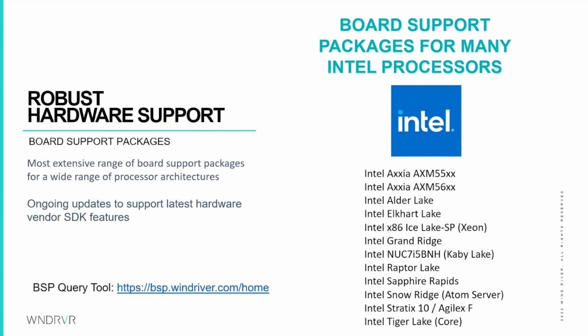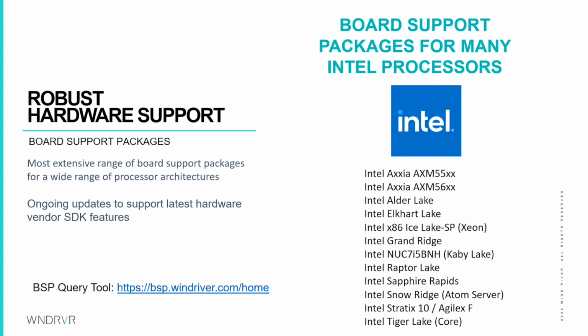But our focus is primarily on the embedded space. We have some customers, particularly in the telcos, that need the raw power you can get from a server platform from Intel running in an embedded environment, managing things like telecommunications flows.